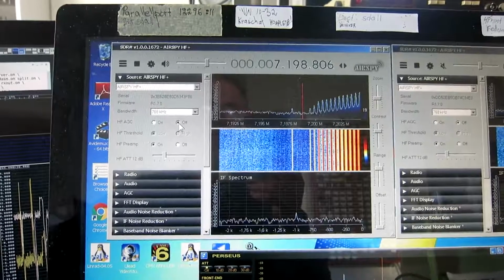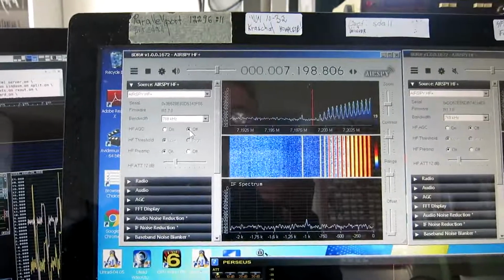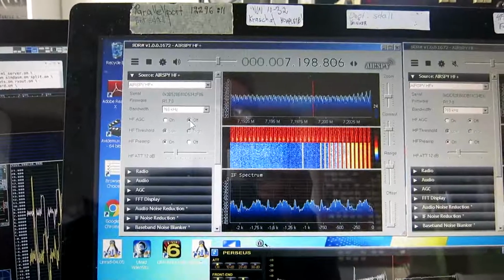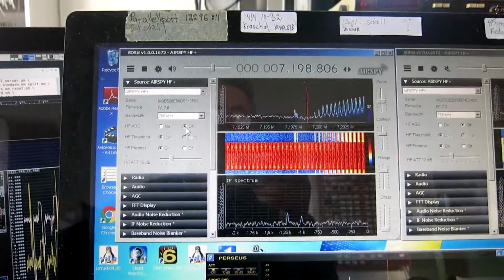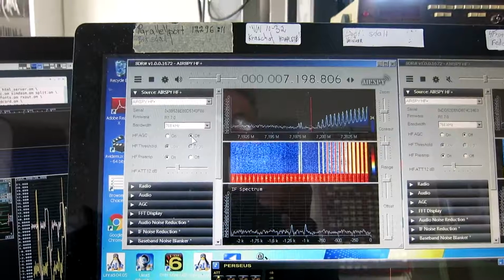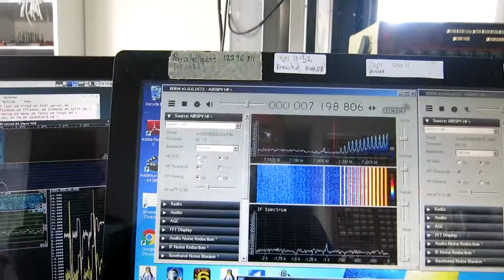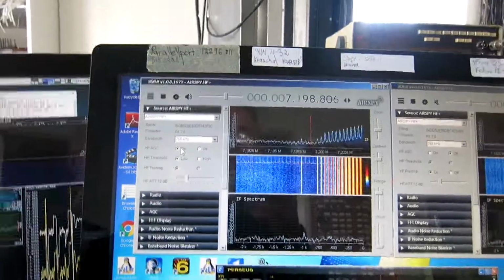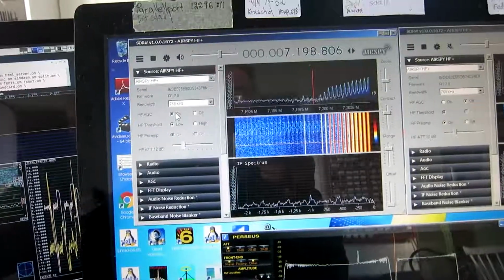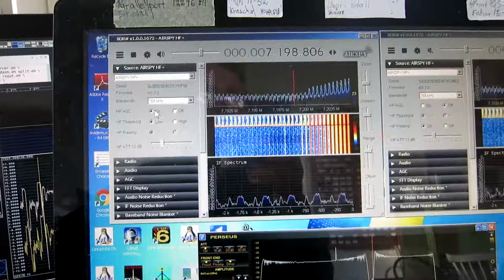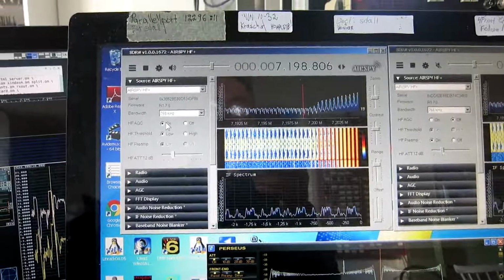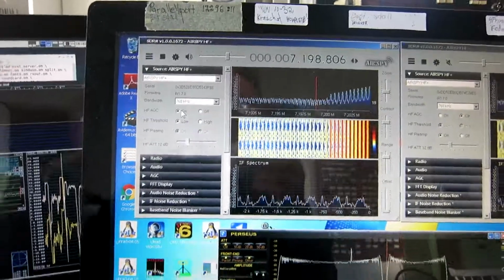So, once more. That was a very strong signal. And if I enable the AGC and add that very strong signal, it looks about the same.